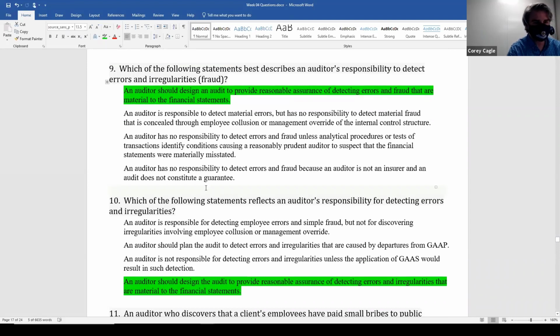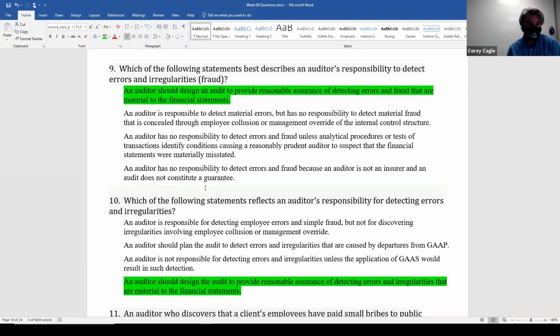Nine's kind of a classic. Which of the following statements best describes an auditor's responsibility to detect errors and irregularities? An auditor should design an audit to provide reasonable assurance for detecting errors and fraud that are material to the financial statements. Just did the same thing in 8, just worded a different way.